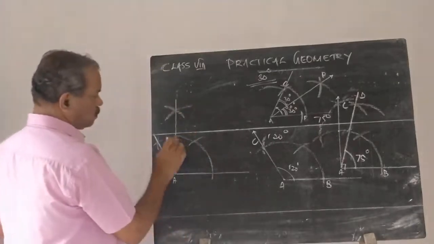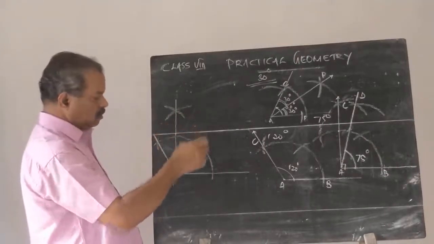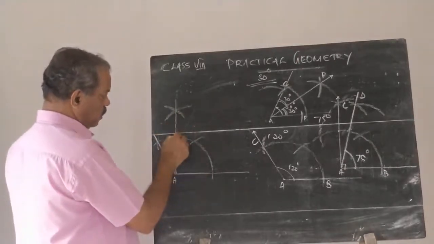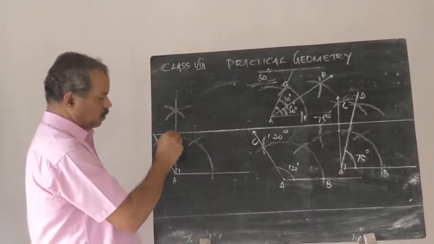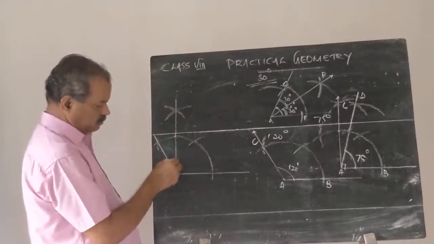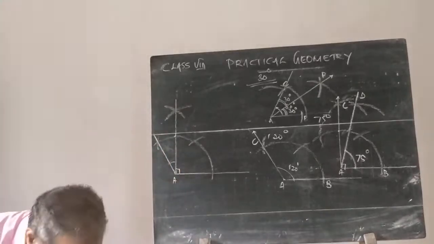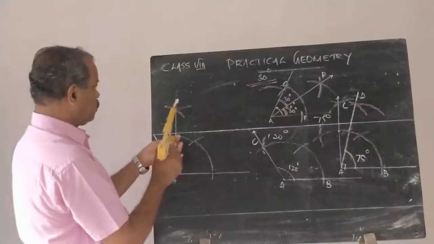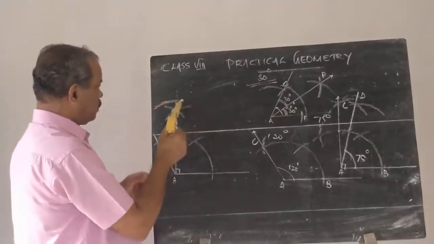90. This is 60 plus 30, 90. Again 30. From this point, this angle is 30. Bisect it. How can you draw the bisector? From this point, draw an arc with a convenient radius.